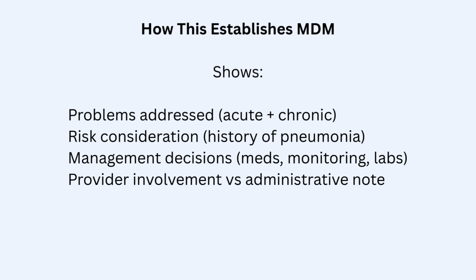So for your problems addressed, you want to write specifically what you're addressing. Now, provider involvement, they want to see what your reasoning is, what you're thinking, versus it just looking like an administrative note that anyone can write.